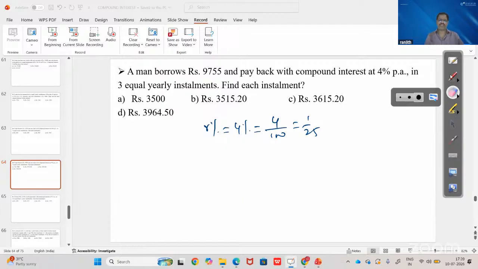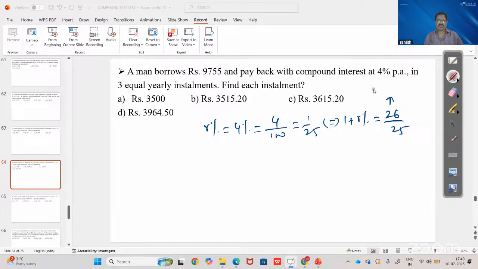What is the other method? So where R percentage equal to 1 by 25. So that will be equal to 1 plus R percentage equal to 26 by 25. And the reverse of this will be equal to 25 by 26.